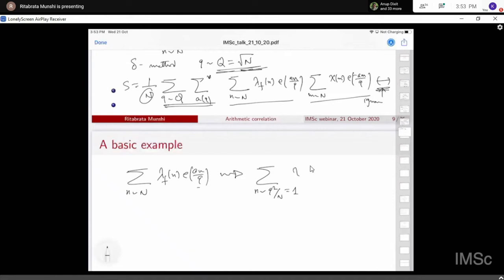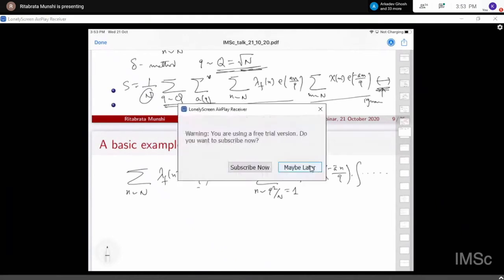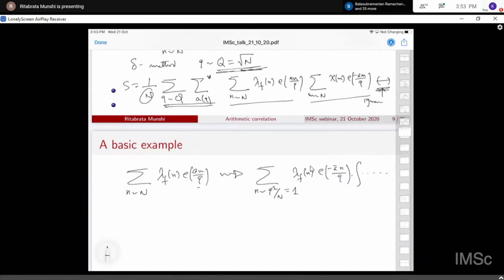You have lambda f(n), and then you have e(-a bar n/q), and there will be some Hankel transform of the weight function. But since the weight function is not really oscillating, the Hankel transform will not matter that much. Okay, so that's one sum. Now let's look at the other sum. This is called the Voronoi summation formula.